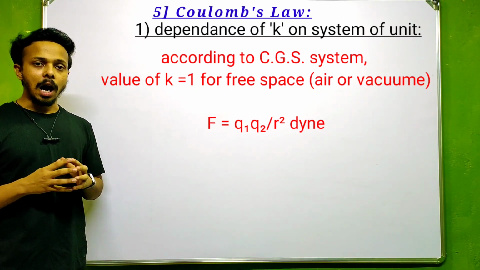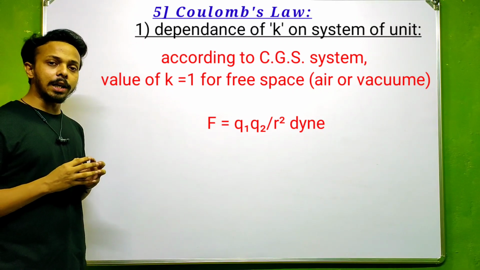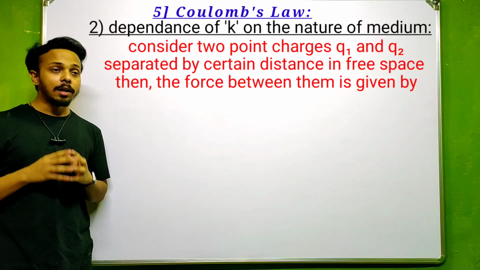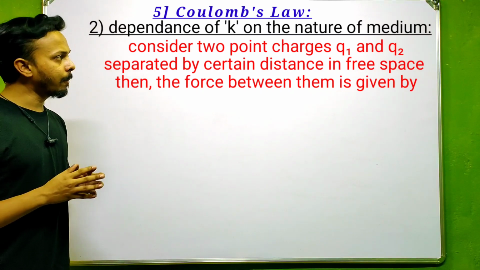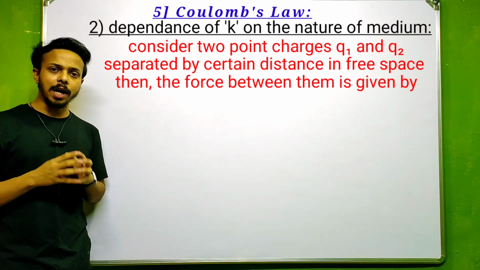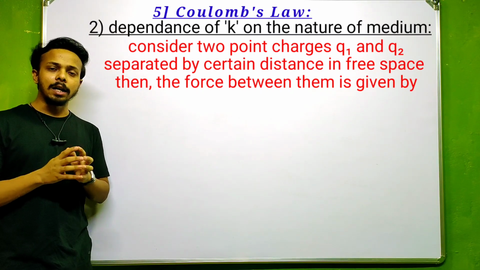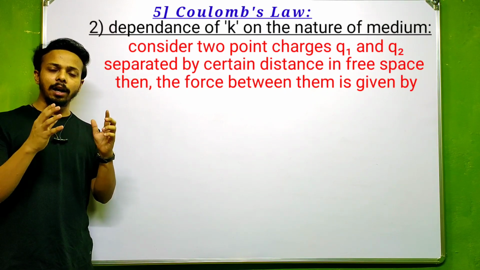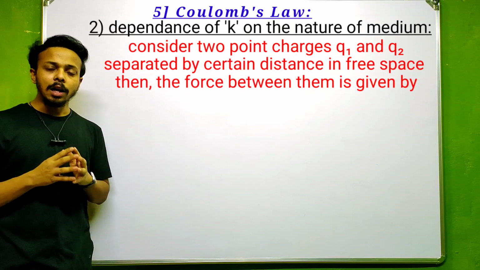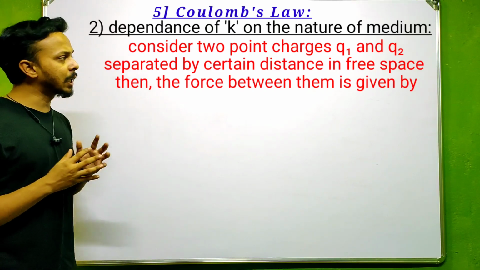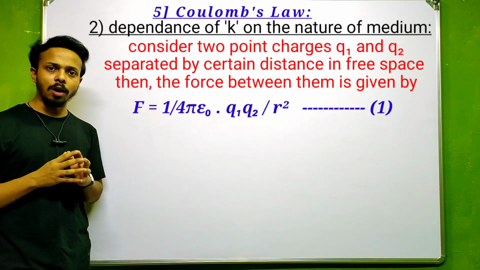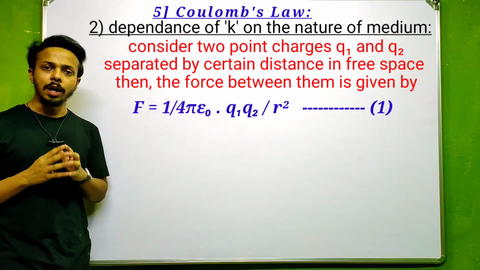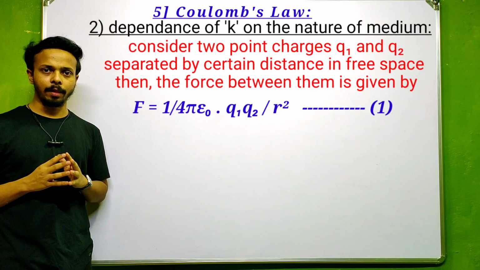Now let us see how the value of K depends on the nature of the medium between the two point charges. For that, consider two stationary point charges separated by a certain distance, present in free space. Then the force between them is represented by Coulomb's law as F is equal to 1 divided by 4 pi epsilon naught, Q1 Q2 by R square.